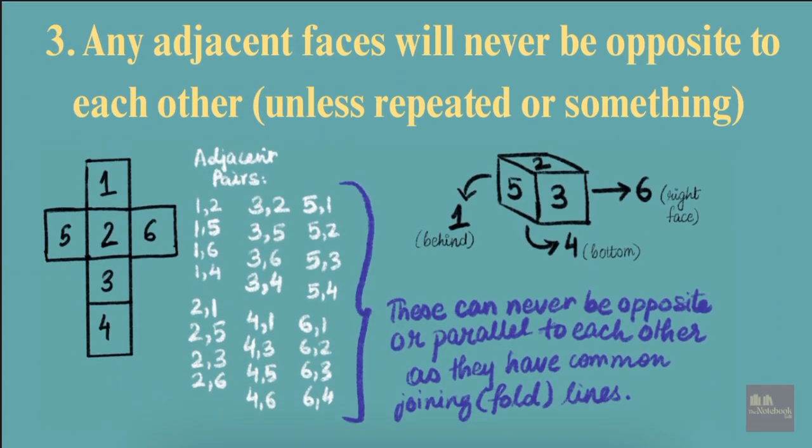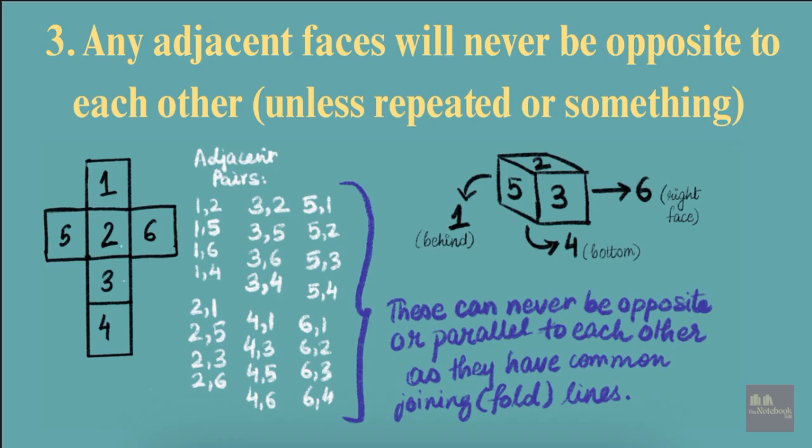Okay. Next is that any adjacent face will never be opposite to each other. This is again kind of the same thing: if, for example, 2 and 3 are adjacent to each other, then obviously they will not be parallel, because it will fold something like this. 2, 3, right? It is adjacent, and anyways there is no face occurring in between them.